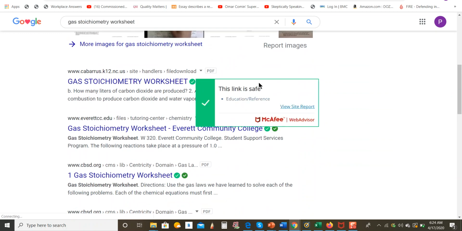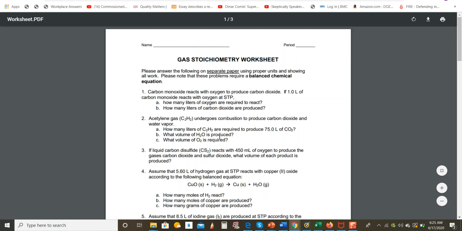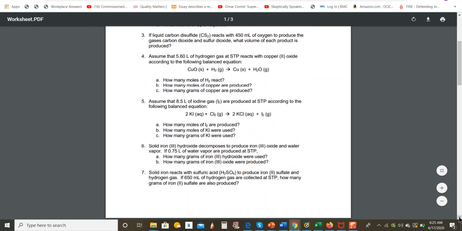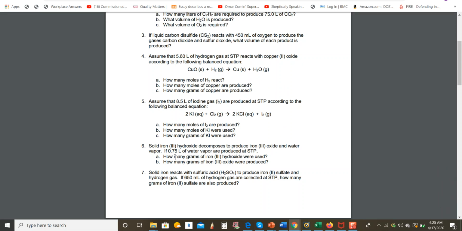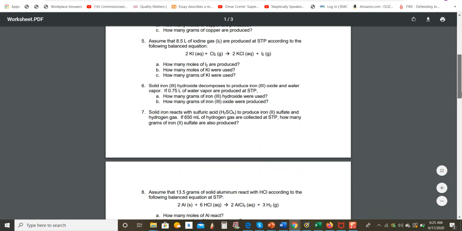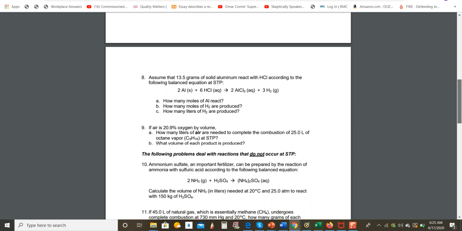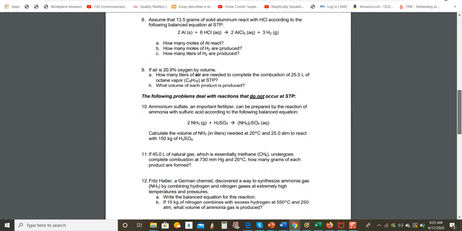So let me go to the first link right here. Okay, let me see what this question says. Let me try to find a good one. I'm trying to find one where you go from gas to gas.